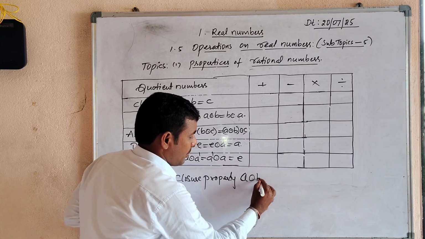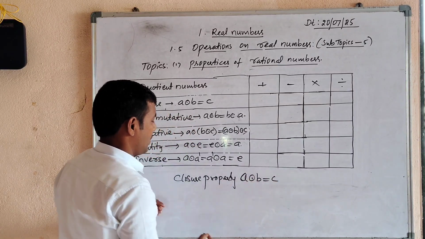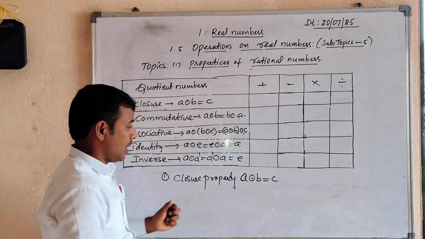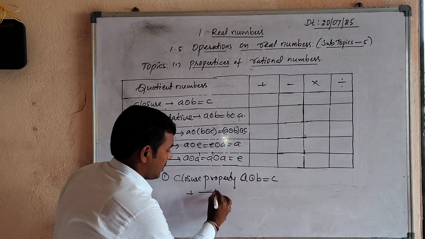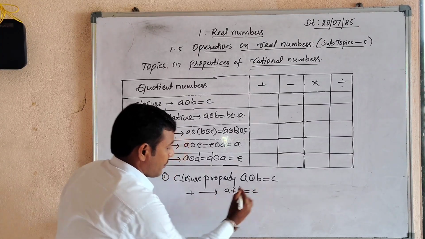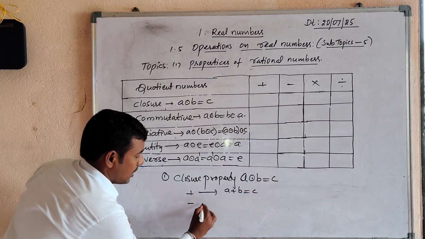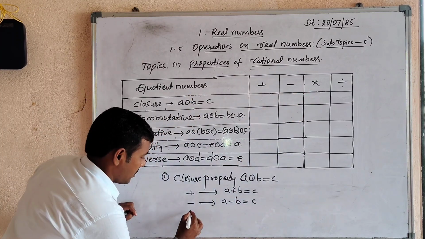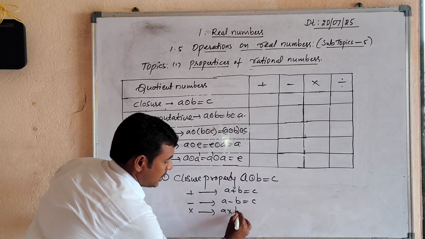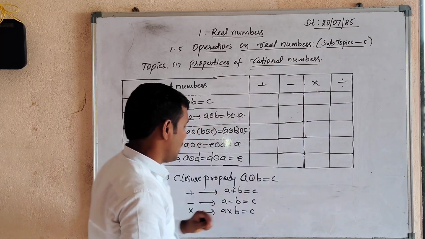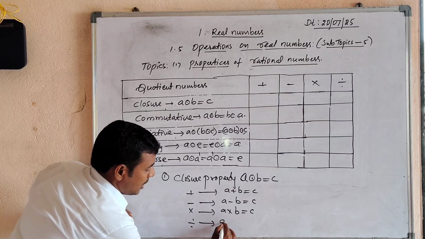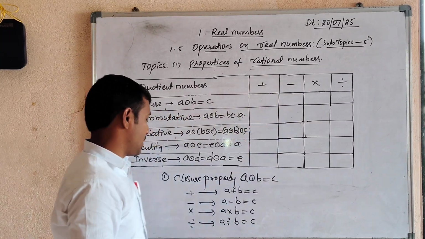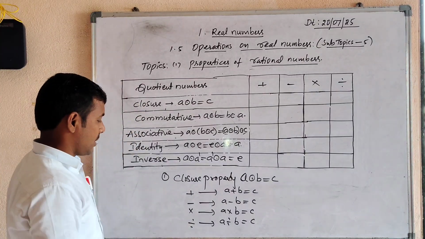A operation B is equal to C. According to addition, A plus B is equal to C. Subtraction: A minus B is equal to C. Multiplication: A into B is equal to C. Division: A divided by B is equal to C. These are the operations: plus, minus, multiplication and division.